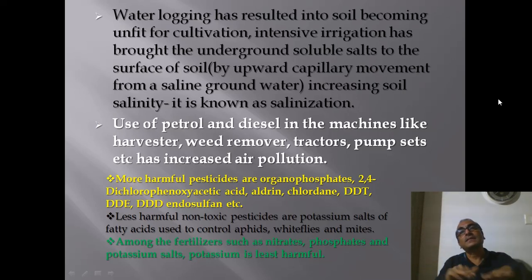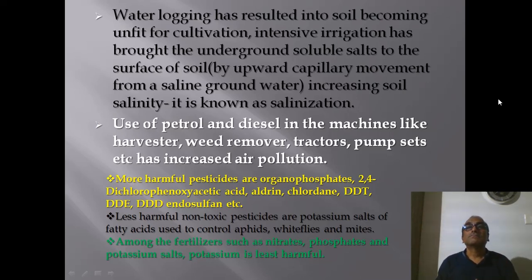It is stagnant there, and the roots of the plants in the soil will not be getting oxygen and will die out, they decay, and the plants will also die out. So that's how waterlogging is another problem which results in the soil becoming unfit for cultivation.